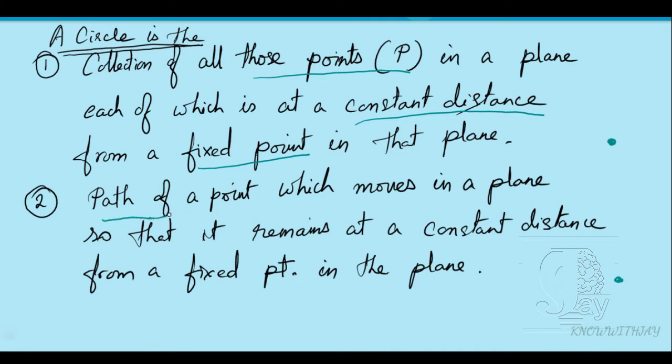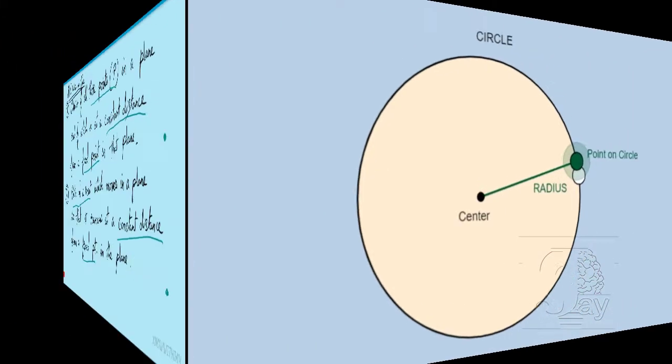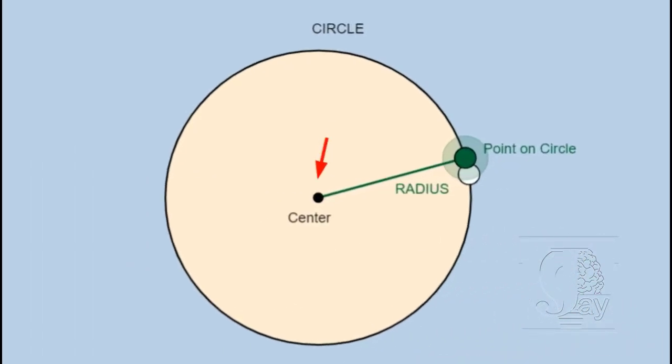According to the second definition, a circle is the path of a point. That means a point is moving in a plane so that it remains at a constant distance. So you see that constant distance is important from a fixed point in the plane. We have 2 points on this plane. One is fixed, the black one, and the other one, the green one, is a moving point.